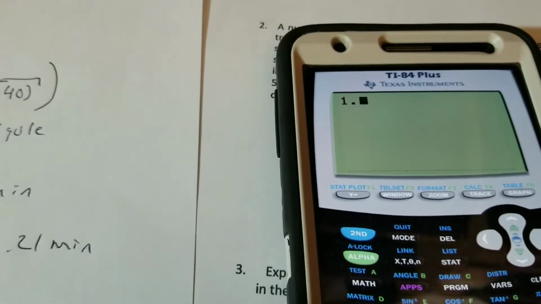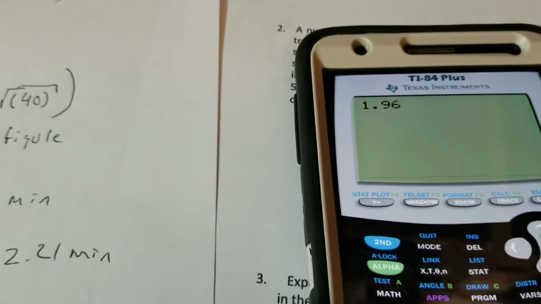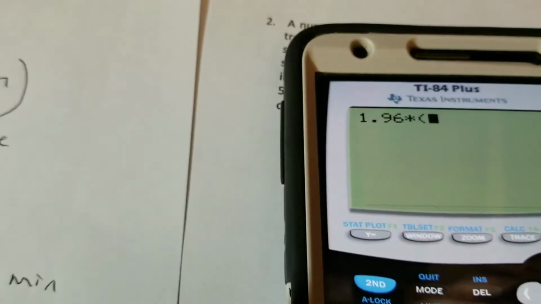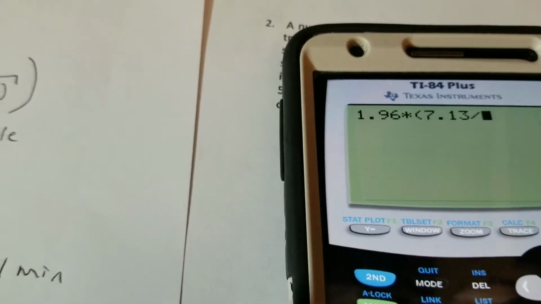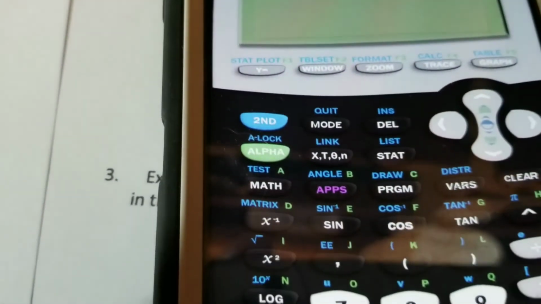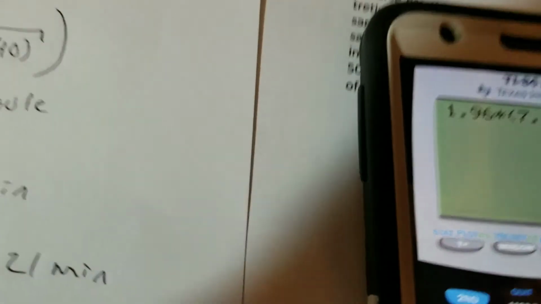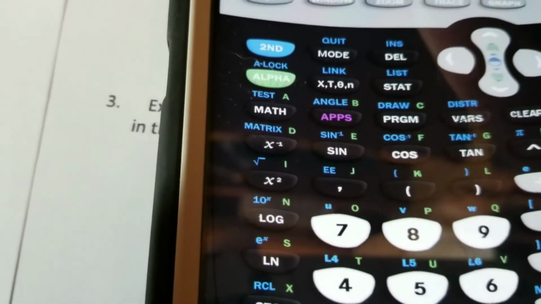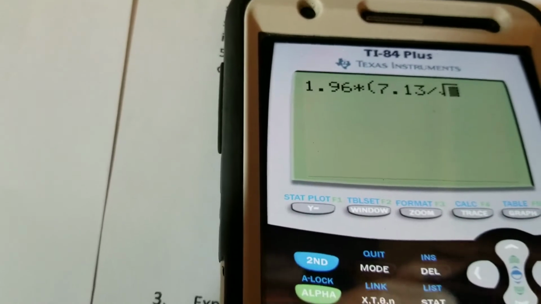So we would do 1.96, multiplied by parentheses 7.13, divided by the square root. For the square root you have to hit second and the x squared button. You know you're on second because that light is flicking upward. Then we go right here to the square root symbol. It gives me the square root, and I'm going to put 50.